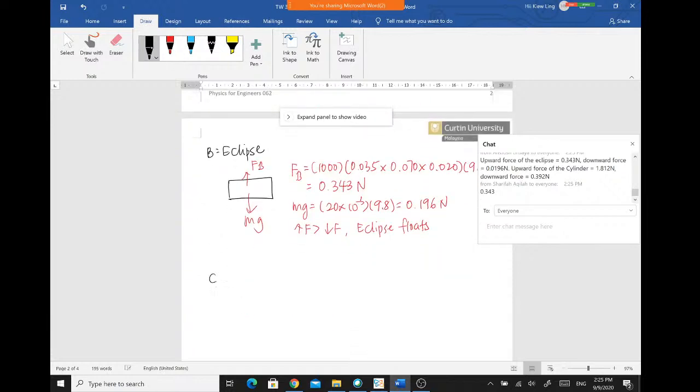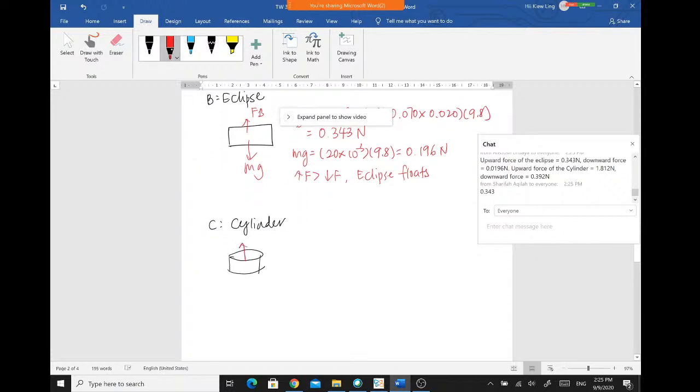The third object is the cylinder. So draw your free body diagram. Buoyant force moving upwards, weight downwards. So buoyant force, rho Vg, 1000. The volume of the cylinder, pi r squared, 0.02.